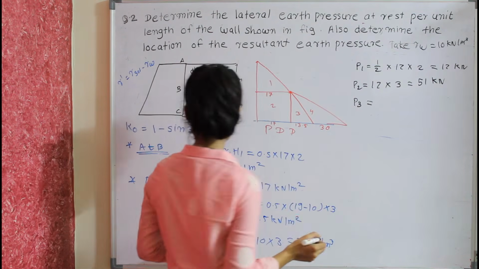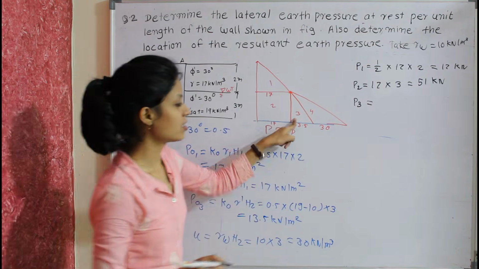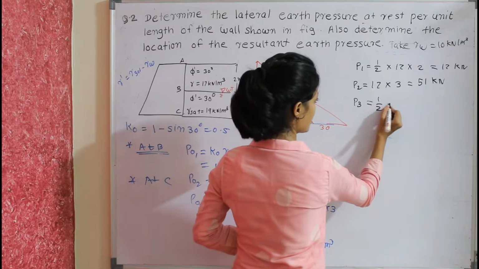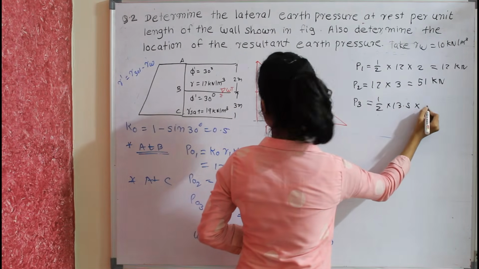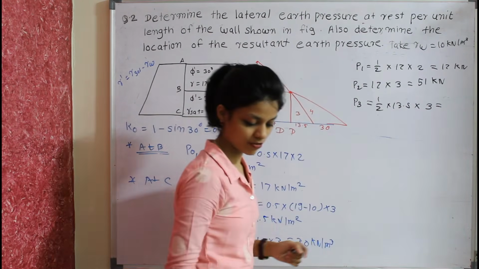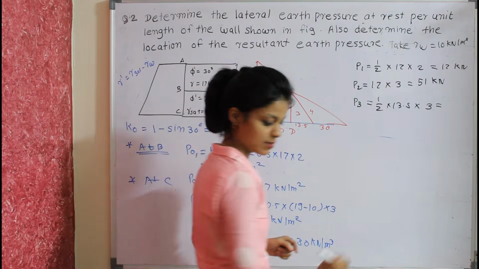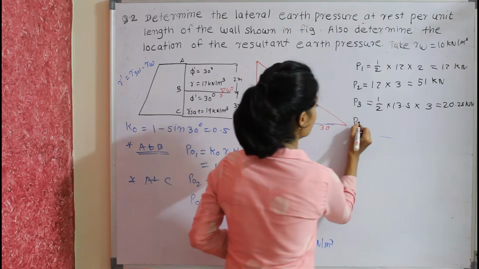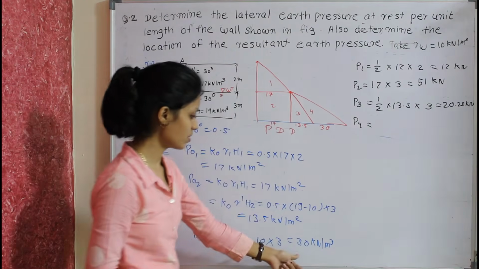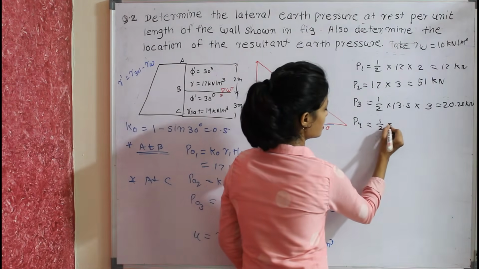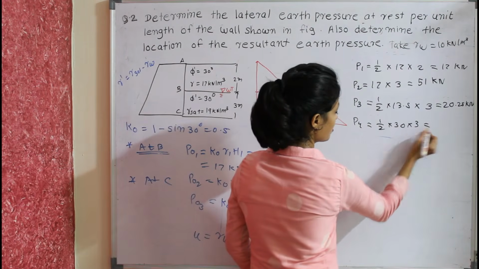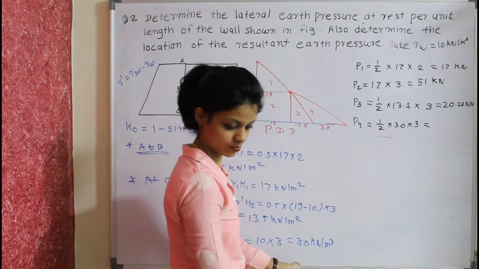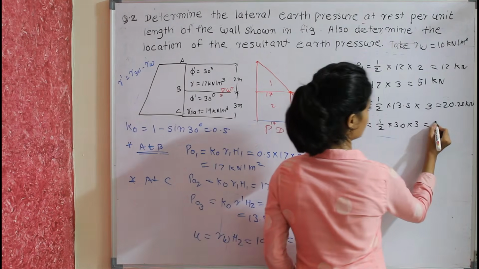P3, due to this triangle, half base 13.5 into height 3 meter, which is 20.25 kilonewton. Next is P4, due to this pore water, half base 30 into height 3, which is equal to 45 kilonewton.